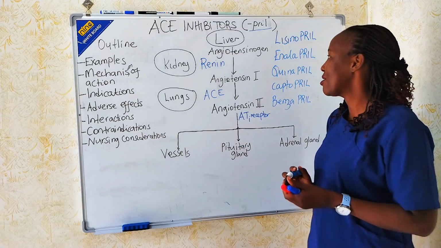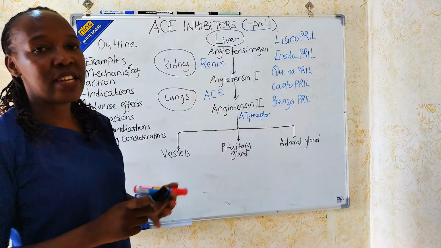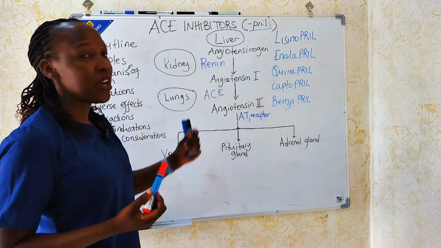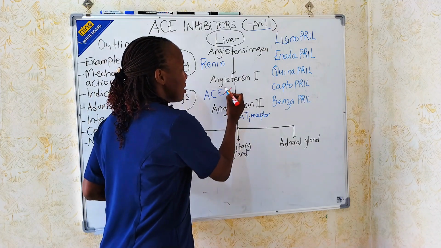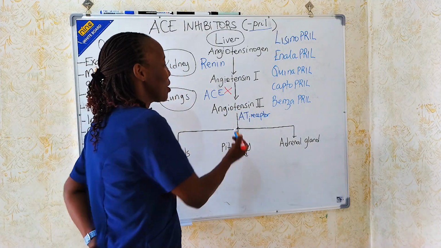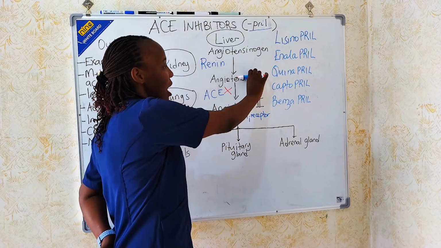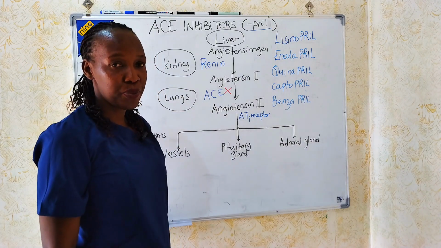So that brings us to the mechanism of action. So how do the ACE inhibitors work? Like their name suggests, they are going to inhibit the activity of ACE, or they are going to block the activity of angiotensin converting enzyme. And because that is inhibited, we will not be able to convert angiotensin 1 to angiotensin 2.